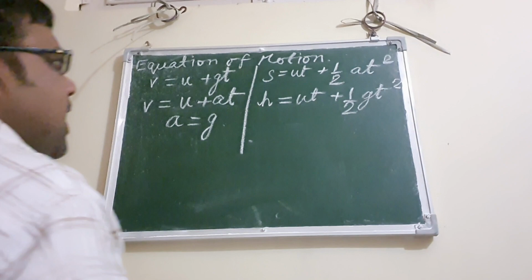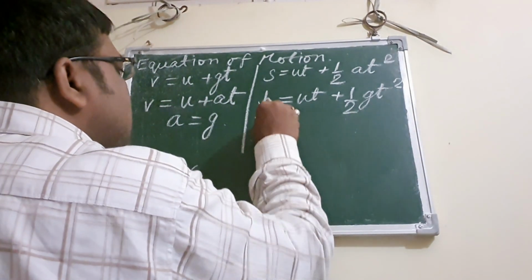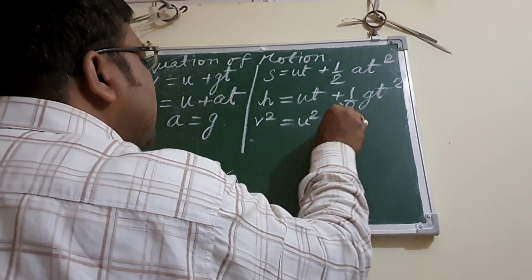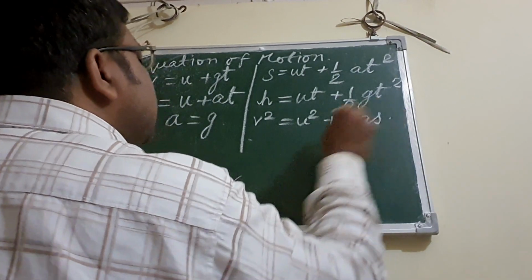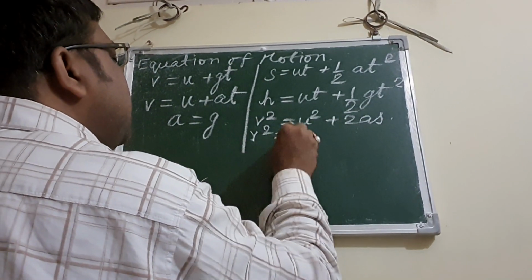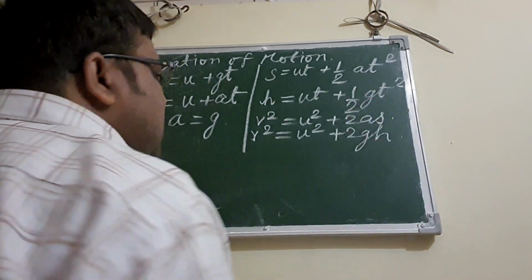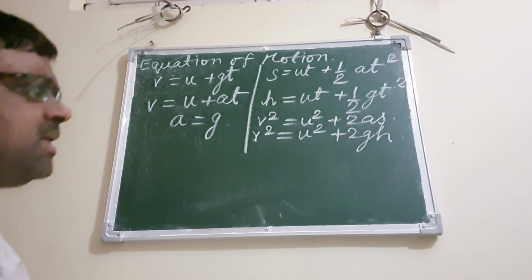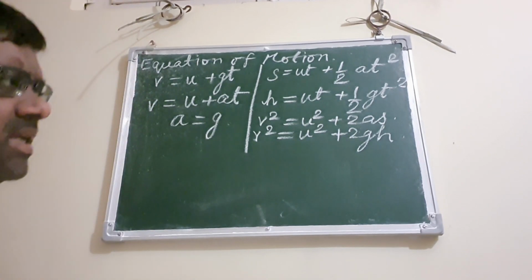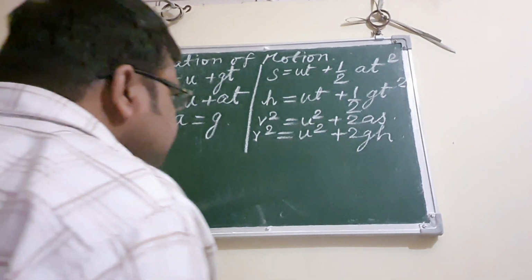The third equation is v square equal to u square plus 2as. It will be changed in terms of gravity to v square equal to u square plus 2gh, where s is height and g is acceleration due to gravity.